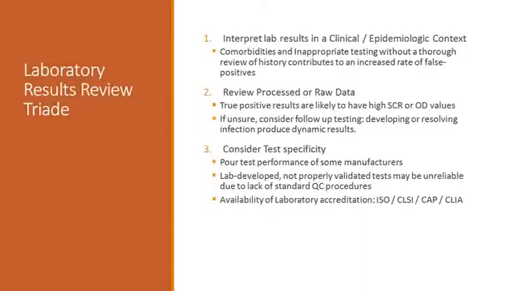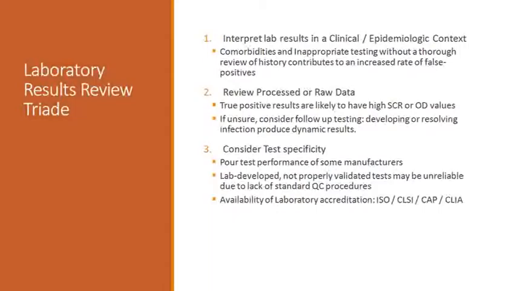Comorbidities can cause false positive results. The review of the processed or raw data also helps with determining whether the result is false positive or true positive. Usually true positive results are likely to have a high signal to cutoff ratio or optical density value.